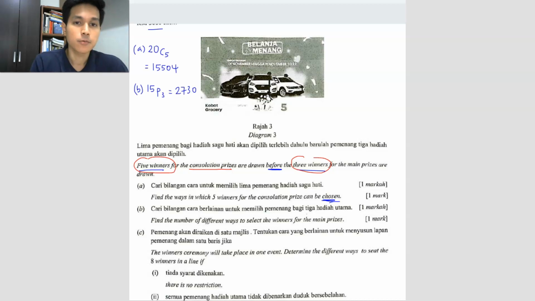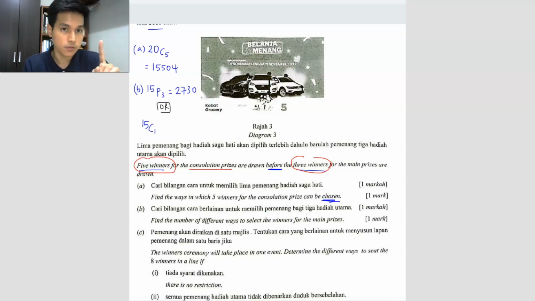Okay, 2730. Now some of you might use combination. You can, but when you use combination, you have to change the way you write it, because in this case, like I said, arrangement matters, right? So if you just write 15C3, you will get the wrong answer. So there are 2 ways. You can either use that way or you can write like this. 15 people, you choose 1 person to win first prize, and then you're left with 14 people.